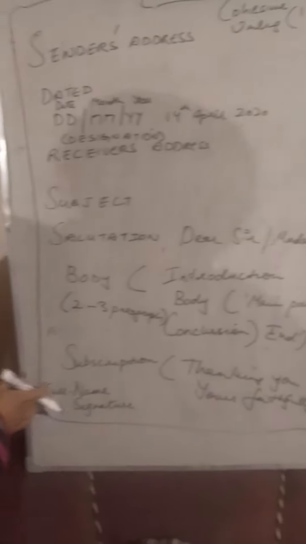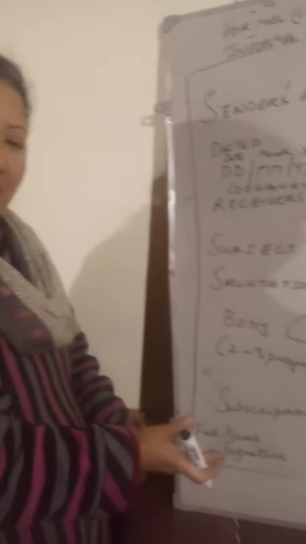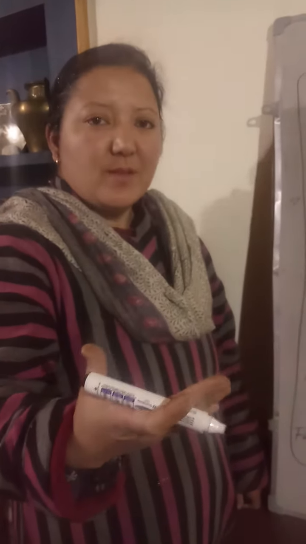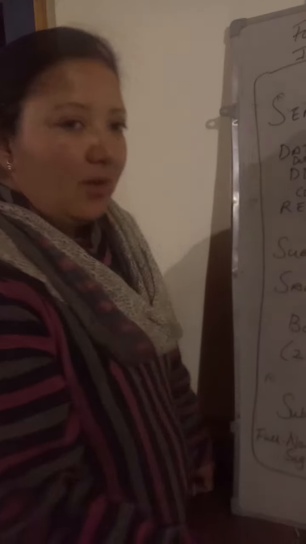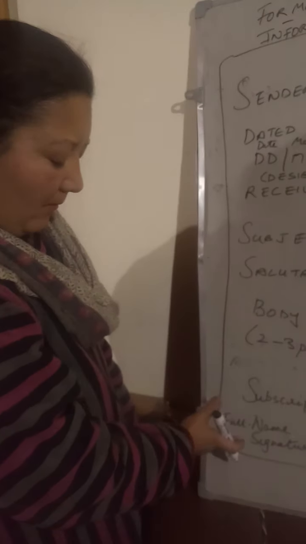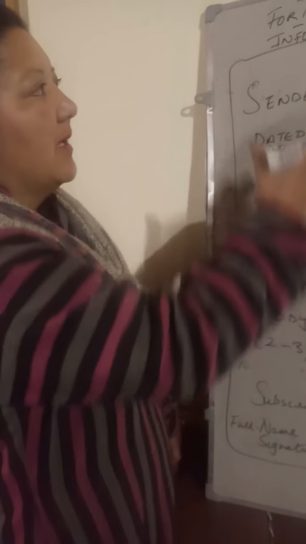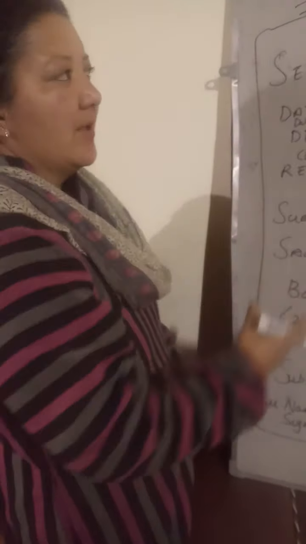And then you write your name. You write your full name, your complete name. Because we are writing a formal letter, you cannot be referred to by your first name only. Your signature is your complete name. So this is how it goes, and this is in 100 to 120 words.